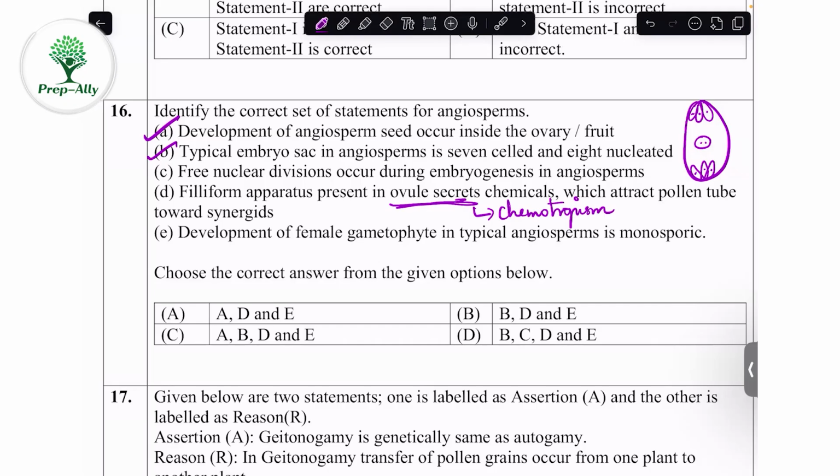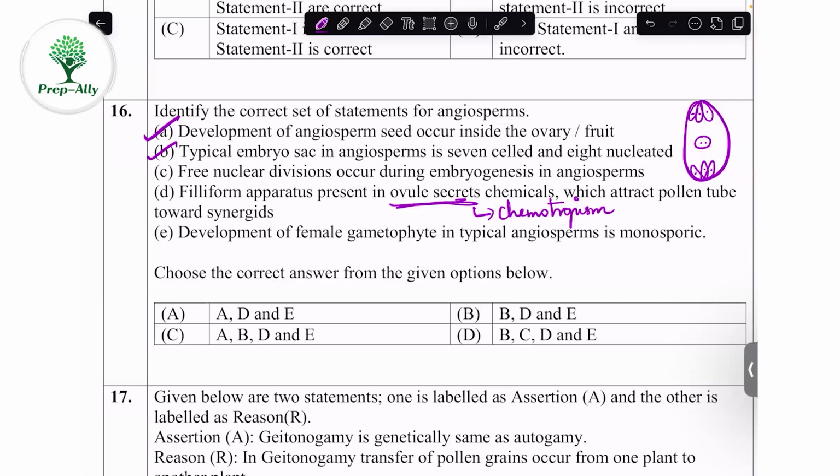Development of female gametophyte in typical angiosperm is monosporic. Before the stamen and pistil mature, they undergo different stages like megaspore and microspore formation. Monosporic means a single spore.